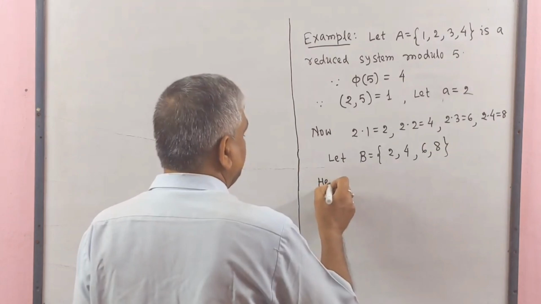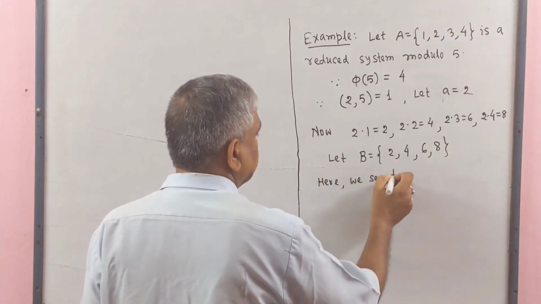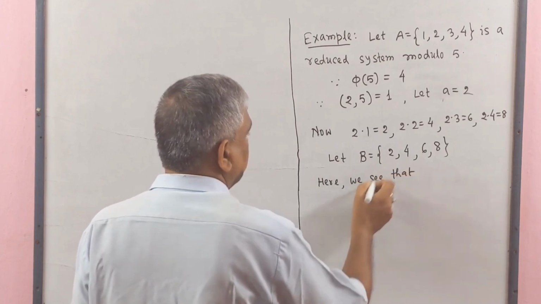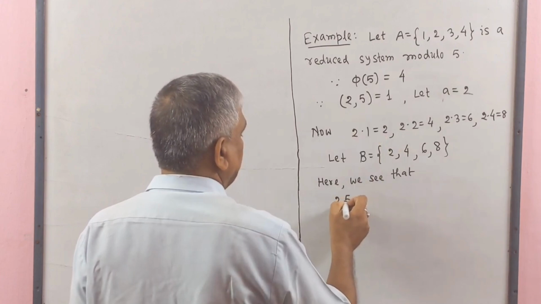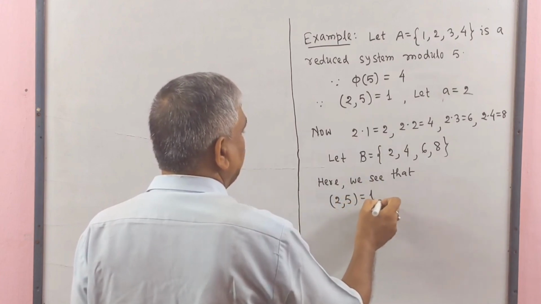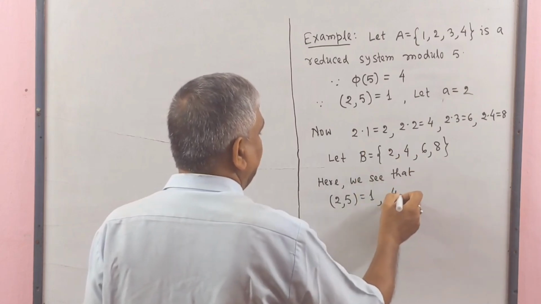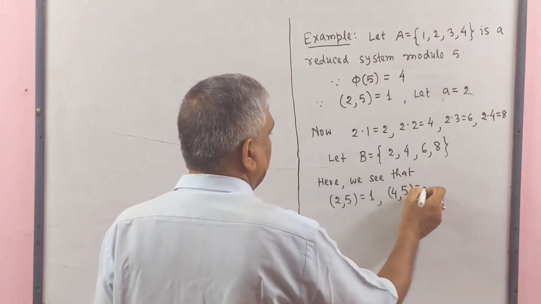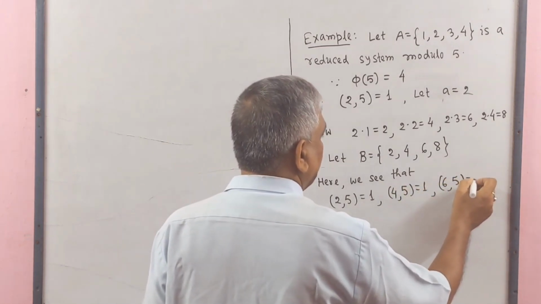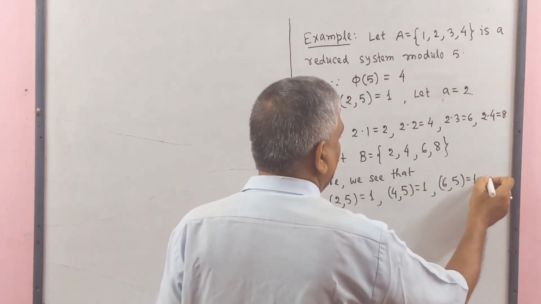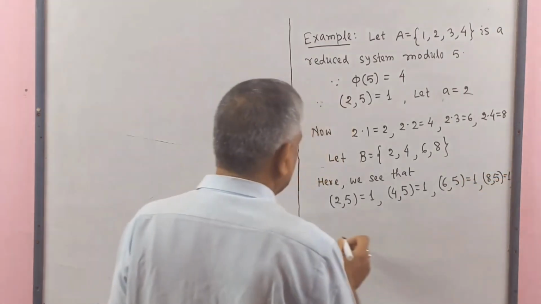Here we see that GCD of 2 and 5 equal to 1, GCD of 4 and 5 equal to 1, GCD of 6 and 5 equal to 1 and GCD of 8 and 5 equal to 1.